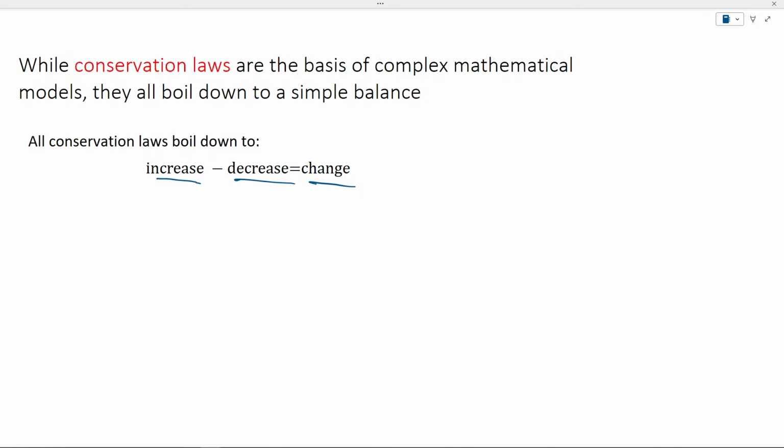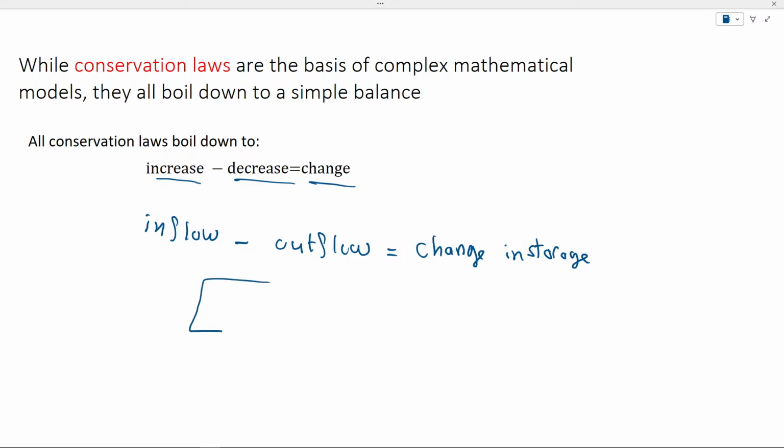Yeah, a simple example would be inflow minus outflow is equal to change in storage. If I have, let's say, an input here of 8 units, and I have an output here of, let's say, 5 units of whatever that is, then what would be the change in storage?